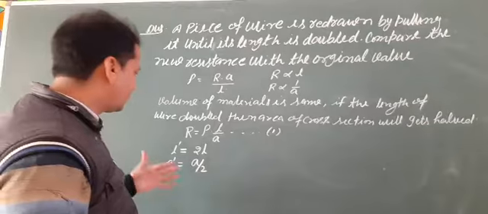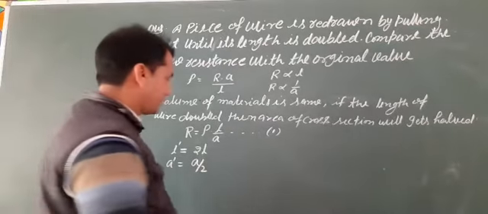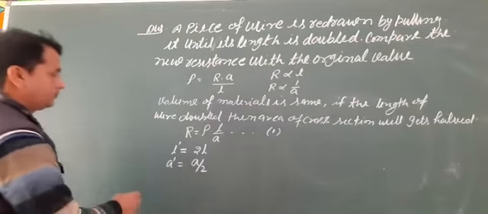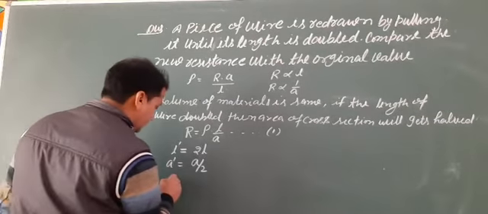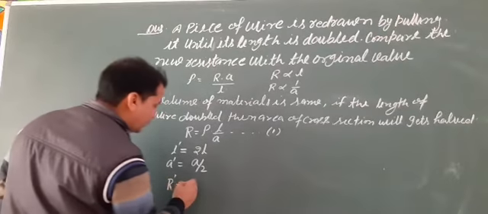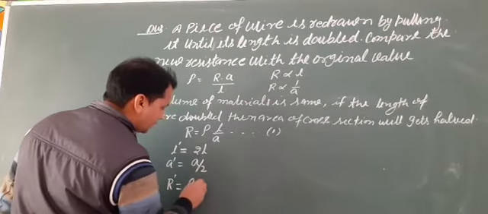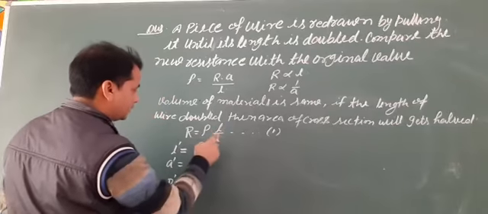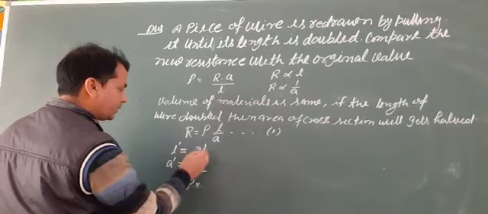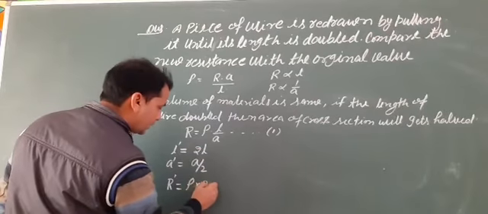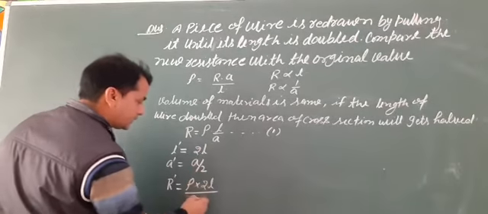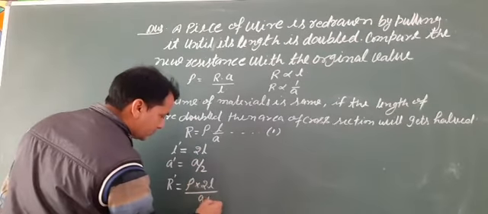So now the new resistance is R dash equal to ρ into, in place of the length of wire, the new length 2L, and the area of cross section A by 2.